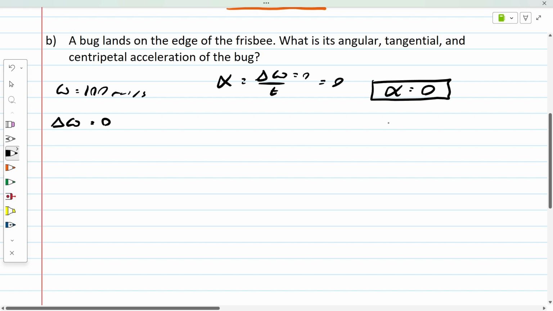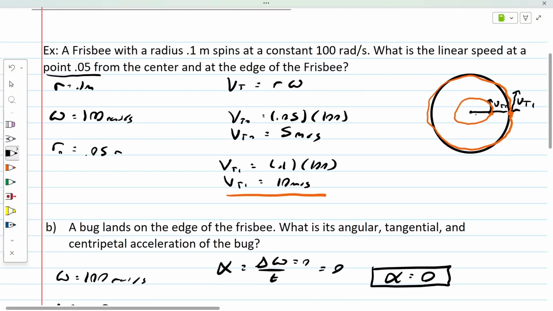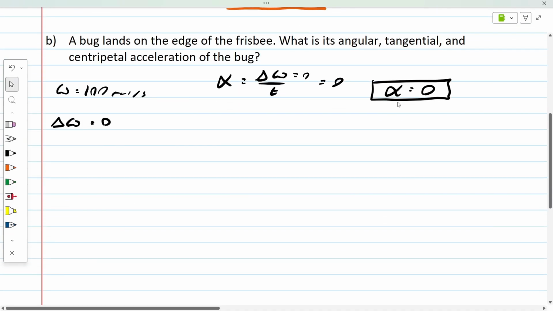But since the bug is changing its tangential velocity, because if we go back to this circle, if you're at the top of the circle, at one point it's traveling right here, but then once it's rotating to here, now you have a tangential velocity going in this direction. So it's changing, so there must be some centripetal acceleration.